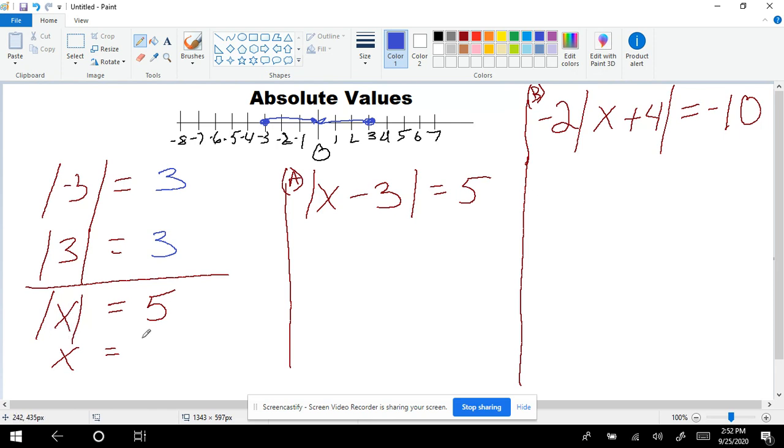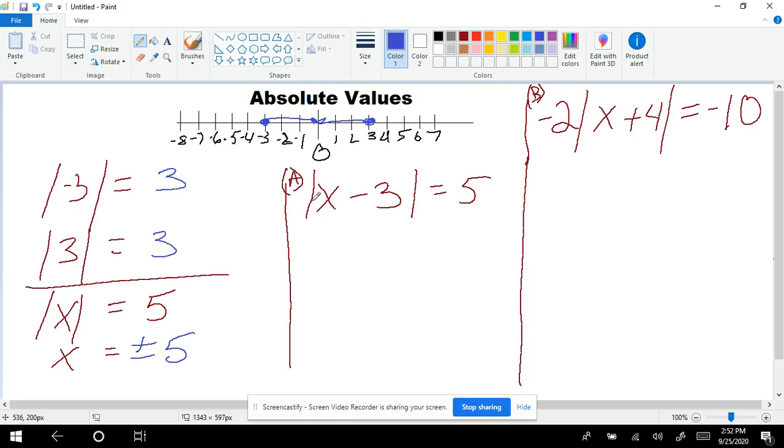So we have two solutions: x equals positive or negative 5.